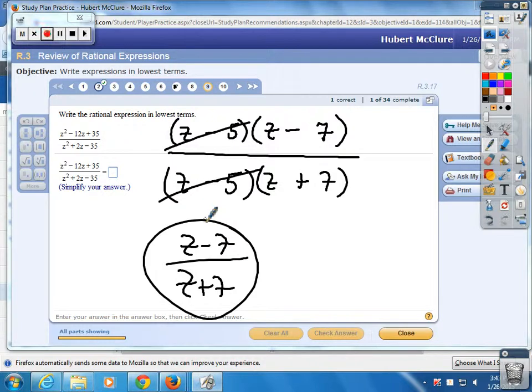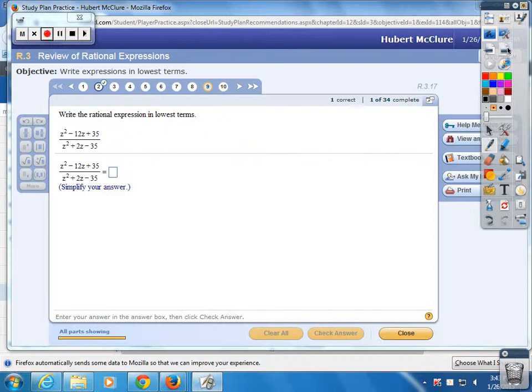Now, right now, some of you are going, golly, how do you get those signs? If you're one of those people, you need to be going over reverse FOIL. All right? Go over it right quick for you. In this problem, let's go with Z. Break up the first term, starting with Z. Break up the last term, starting with 1. 1 times 35, 5 times 7. 1 and 35, 5 and 7.